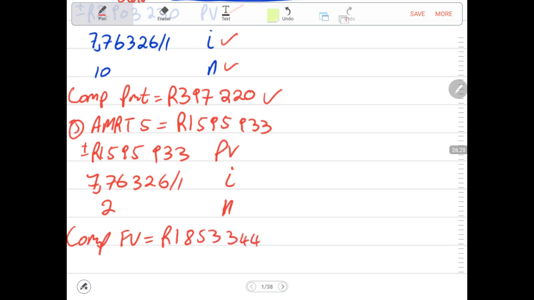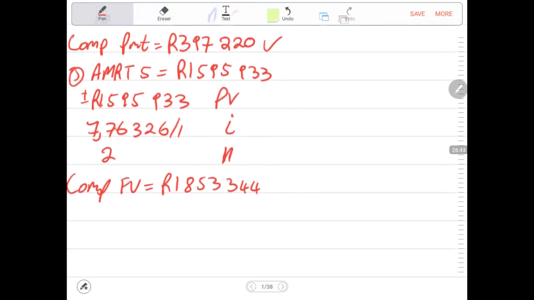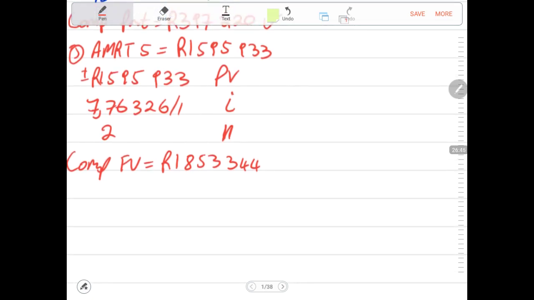This is the balance at the end of year 8, or the balance at the end of what was supposed to be the 7th payment, but was not made. So now this will be the future value. Then we need to calculate the new PMT.